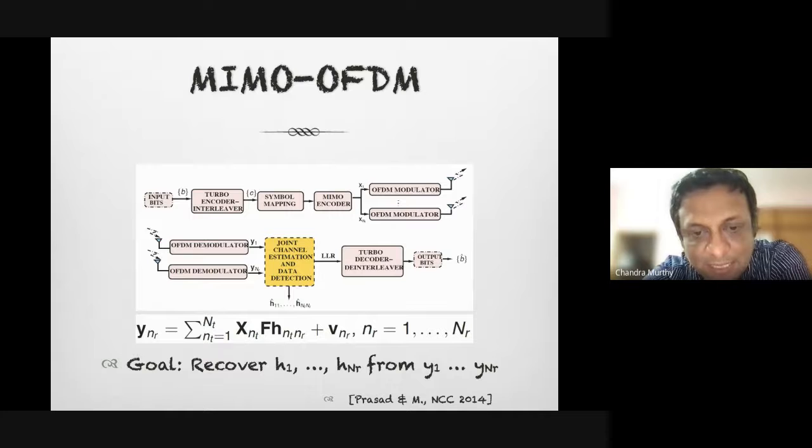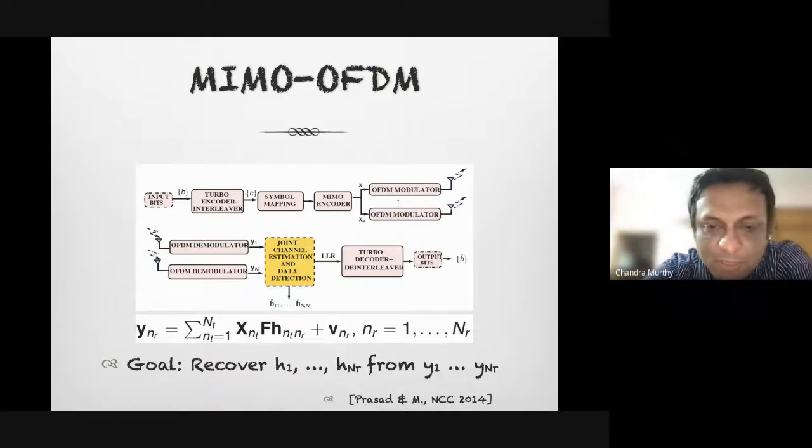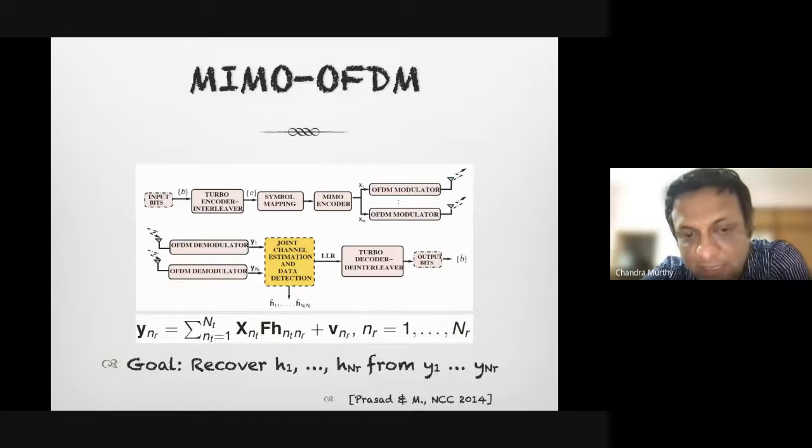And so this is exactly the same framework as in the joint sparse recovery framework that I described to you earlier. So you can take this X_NT F as an overall measurement matrix, but X_NT itself contains both pilot and data symbols, which are unknown.